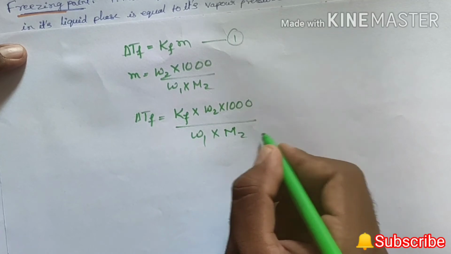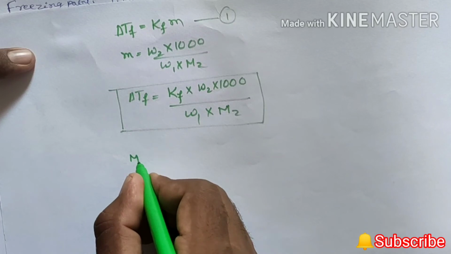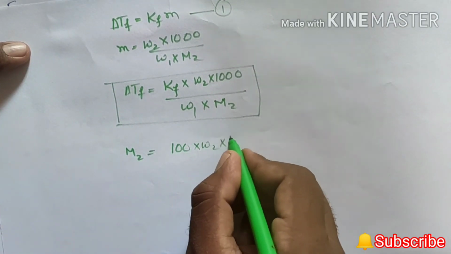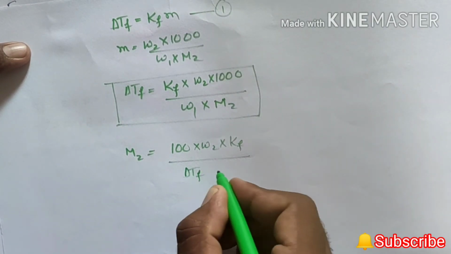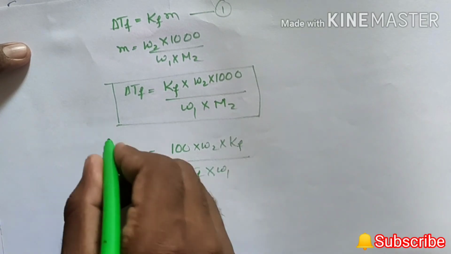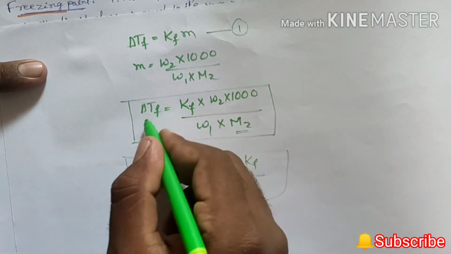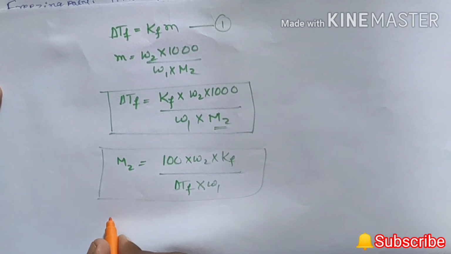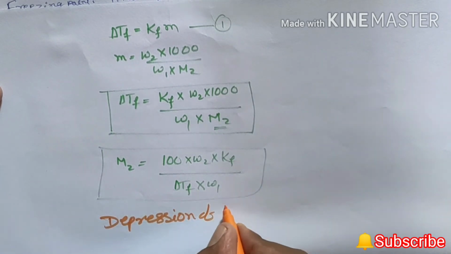If I want the molecular mass M2, this becomes M2 equals 1000 into W2 into KF divided by delta TF into W1. This is the equation of the depression of the freezing point.